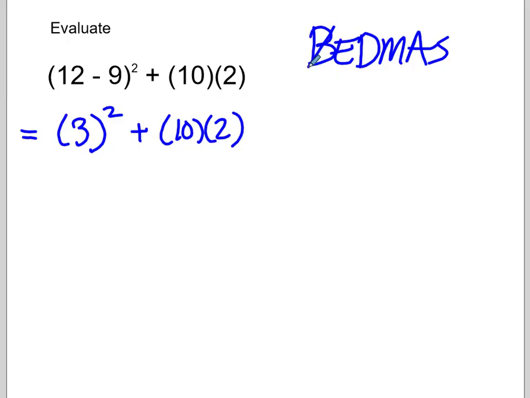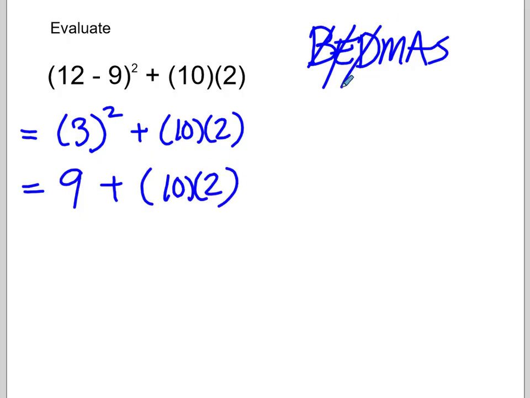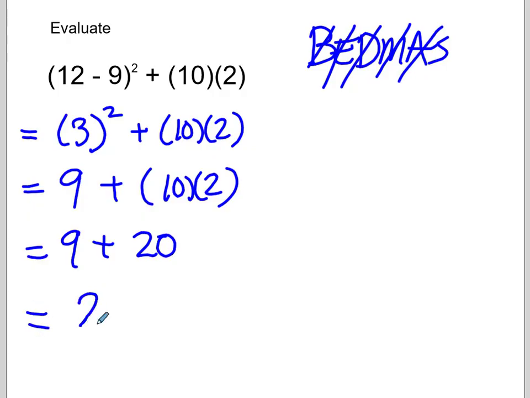So we've done brackets, we check our brackets again, there's nothing to do inside those brackets. We move to exponents, we can deal with this exponent. Okay, and now there's no division. Now we'll do our multiplication. Okay, and then we have adding left to do, and we end up with 29.